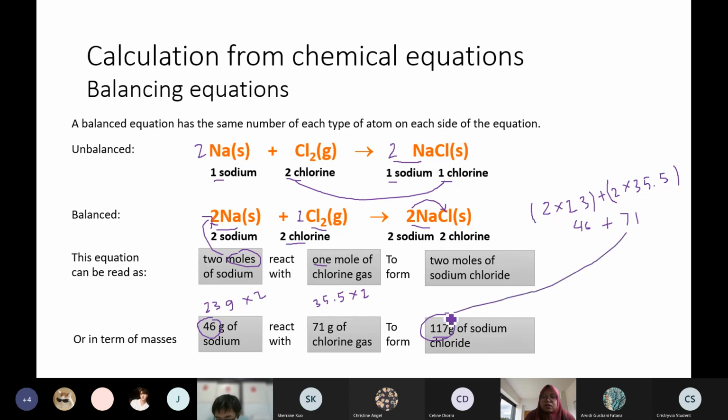It will be the same. The total mass of the reactants equals the mass of the products. So it means we can use the ratio of coefficients, also known as the mole ratio, to find the mass of the reactant or the product.